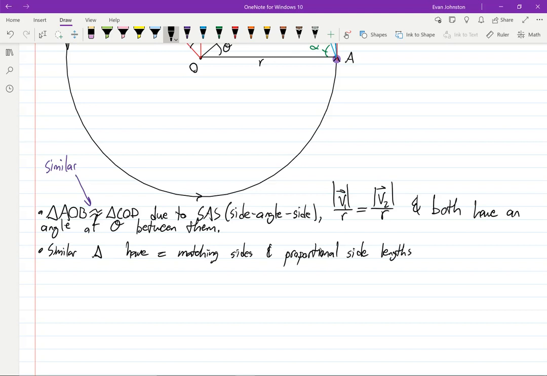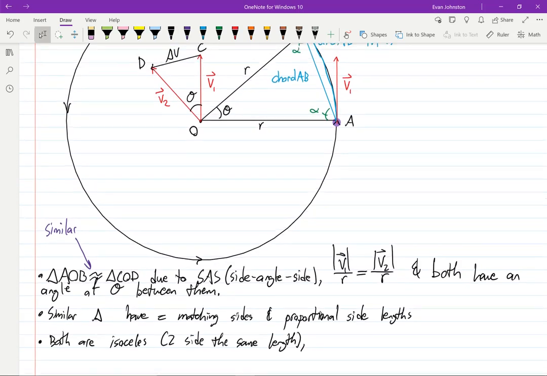Now, furthermore, they actually are isosceles triangles as well. So both are isosceles, and that means that they have two sides the same length. And so what that tells me then is that they have the same exact angles.